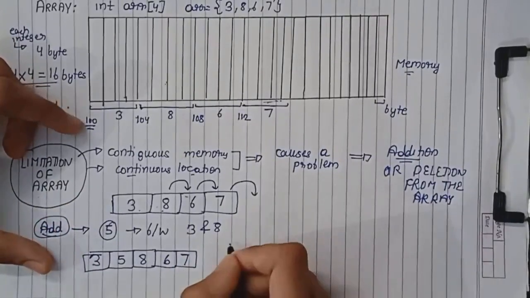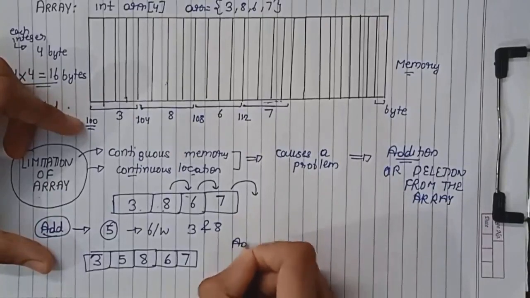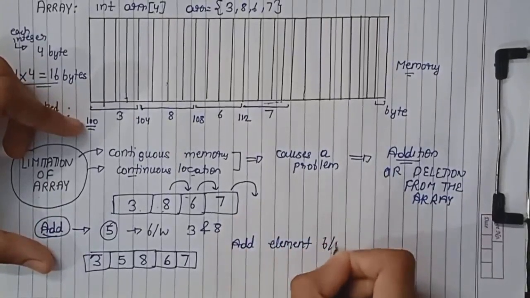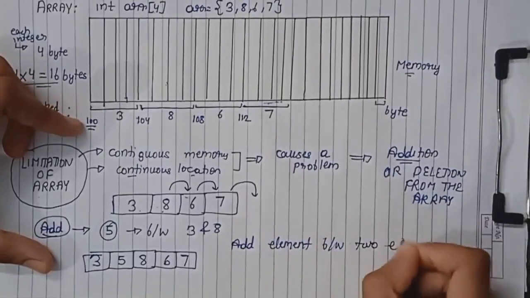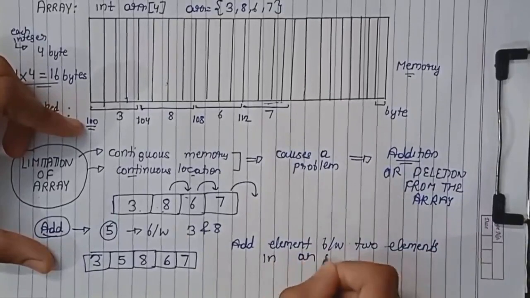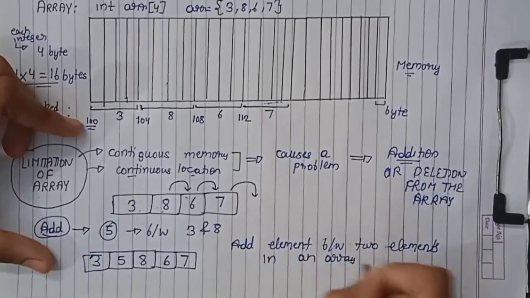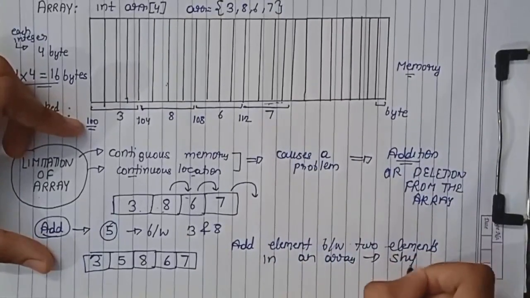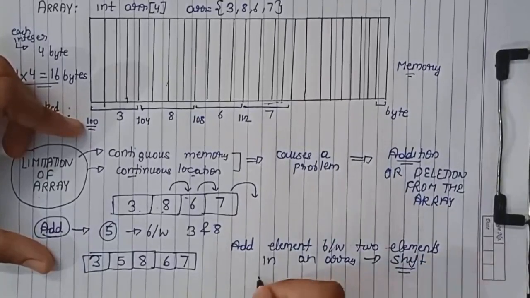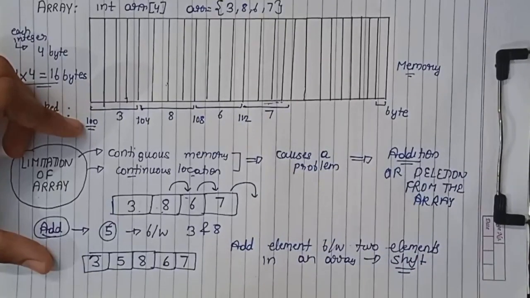So we have noted that to add an element between two elements in an array, we need to shift some elements, and the shifting takes time, so it increases the time and reduces the efficiency of your code.